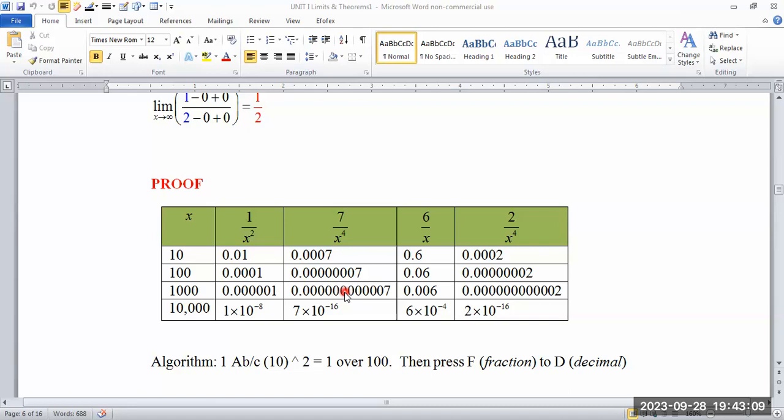Okay. And when I move to 10,000, you recognize that it's moving even at a faster rate. Now, look at these on the screen and tell me which of them is moving the fastest and which one or ones moving the slowest. Going to 0, that is. Which one of them is going to 0 the fastest? Which one of them is going to 0 the slowest?